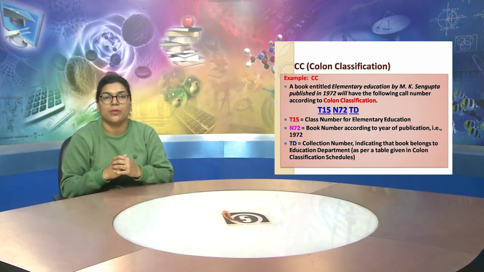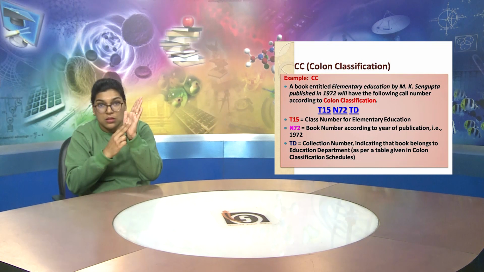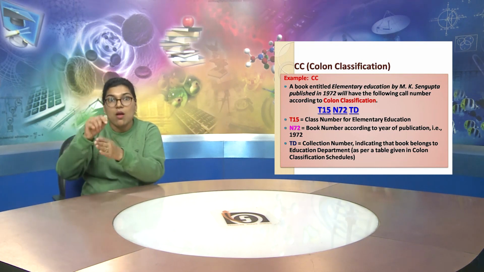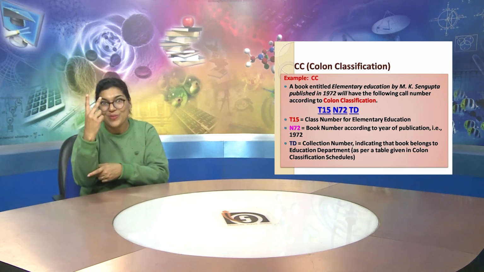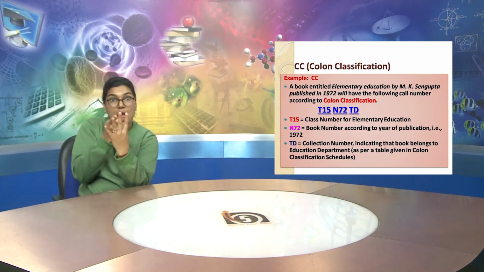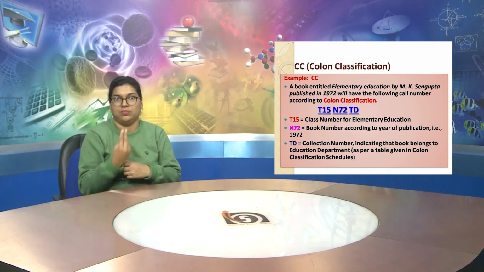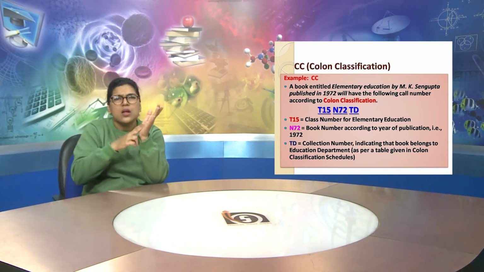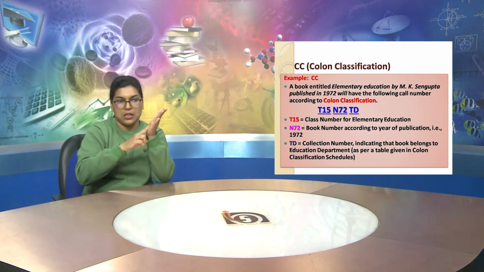And the second part of this call number is N72. N is used for the year, N means number, that is for 19. As we can see in the question, it is 1972. So N can be considered as 19, and then 72 is the year number.